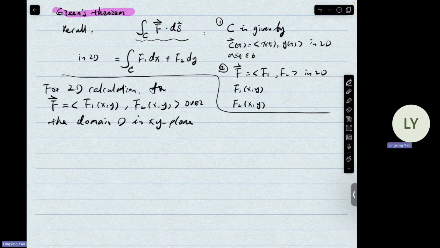And we also want to point out the edge of the domain D is denoted by this partial D.